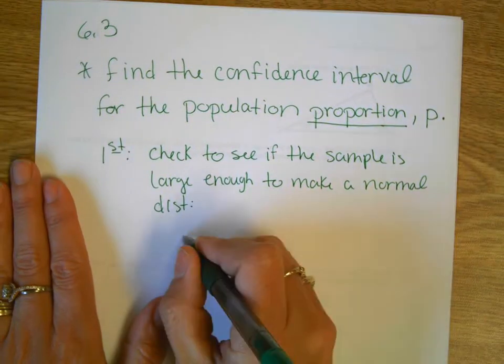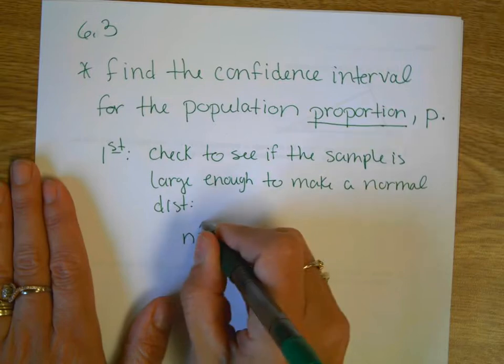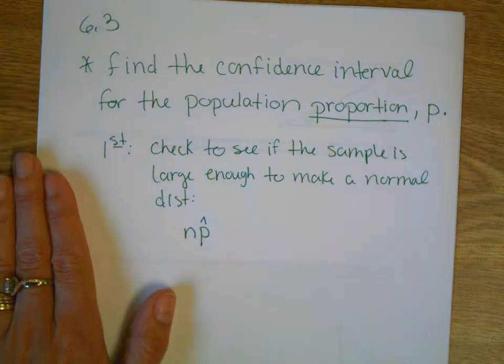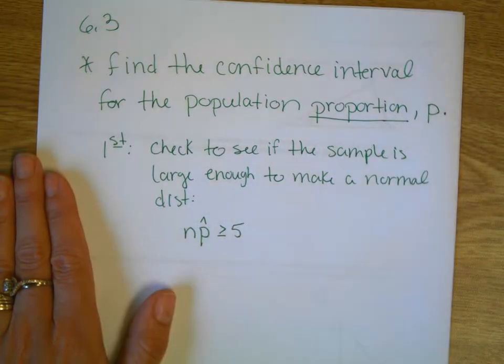And what you check is your sample size times p hat. I will tell you what p hat is in a minute. That has to be greater than or equal to 5.